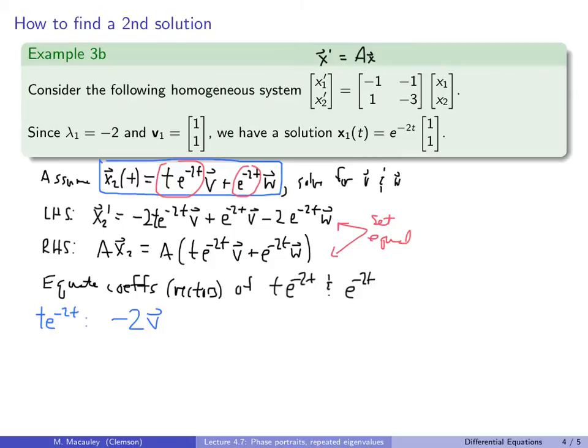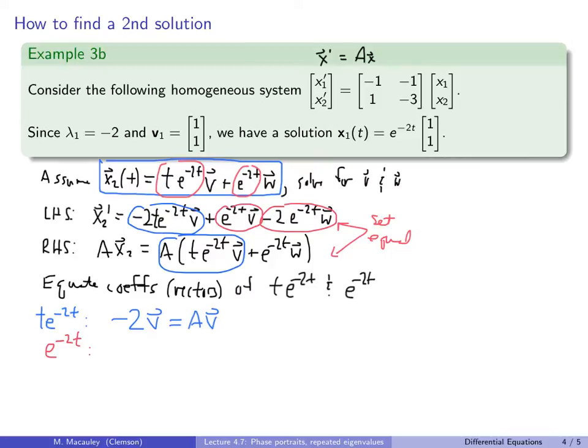So set that equal to A times v. You see what I'm doing? If this has to be equal to that, then that term better be equal to that term. And similarly, the coefficient of e to the minus 2t that doesn't have a t in it, we have one of those here, and one of those there.